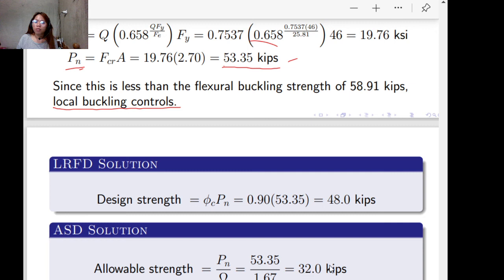The answer is 32 kips, or in terms of stress, divide by the gross area 2.7. So it is the same actually for the answer.